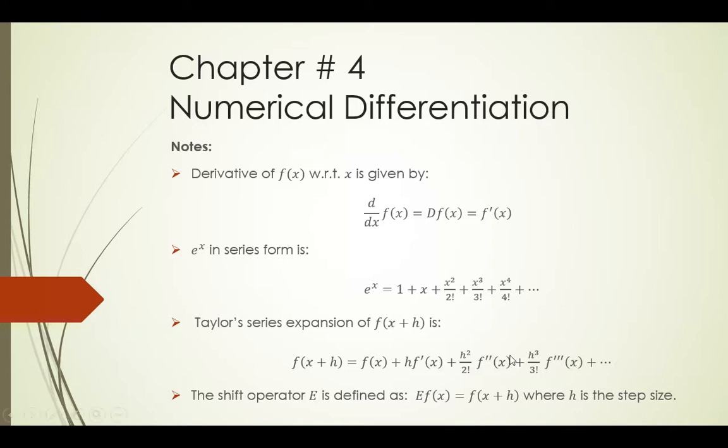We see here that whenever E is applied on f of x, that will become f of x plus a step size h, where h is the step size. If there is E square, that will become 2h. If that is E cube, that will become 3h, and so on. All these four notations will be used in a very short question.